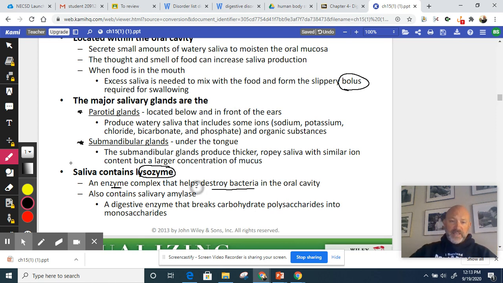There's also an enzyme, amylase. Remember what I told you, if it ends with ase, it's usually an enzyme. And the first part tells us what the enzyme is working on. Well, there is a carbohydrate called amylose. Amylose is a polysaccharide. So if you're eating pasta or something like that, the starch in it, which would be something similar to amylose, then that amylose is going to start to break down.